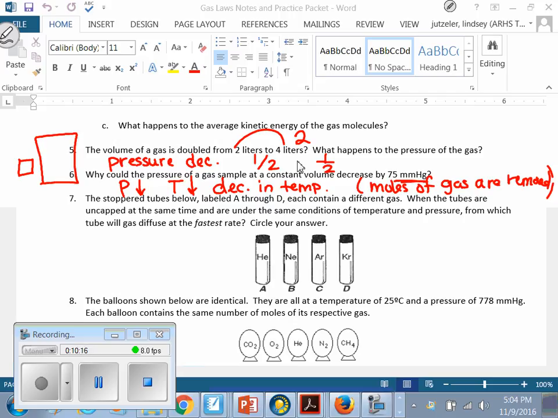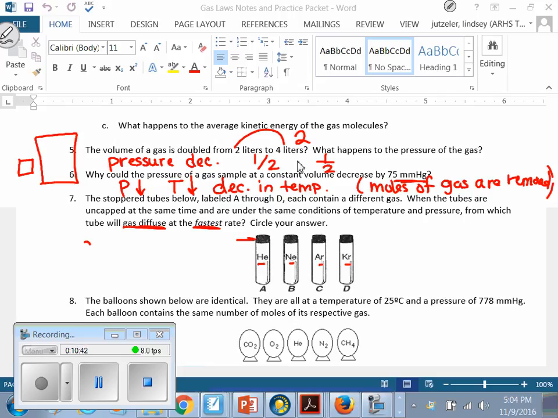Question number 7. You have four test tubes below, and they had a different gas in each one. So helium, neon, argon, krypton. When the tubes are all uncapped, so if I take all these caps off at the same time, and they're all under the same conditions of temperature and pressure, from which tube will the gas diffuse at the fastest rate?